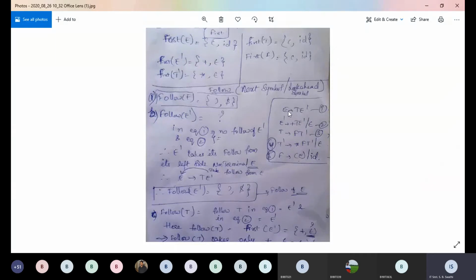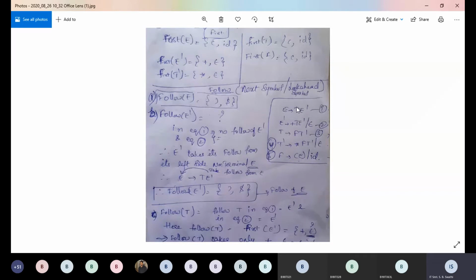So first of E, you have to take whatever first variable is there after this arrow, whether terminal or non-terminal, and find its terminal values. See here, the symbol after this arrow is capital T. That means this is not actually a terminal value, this is a non-terminal. So this non-terminal still has to be simplified to get terminal values.